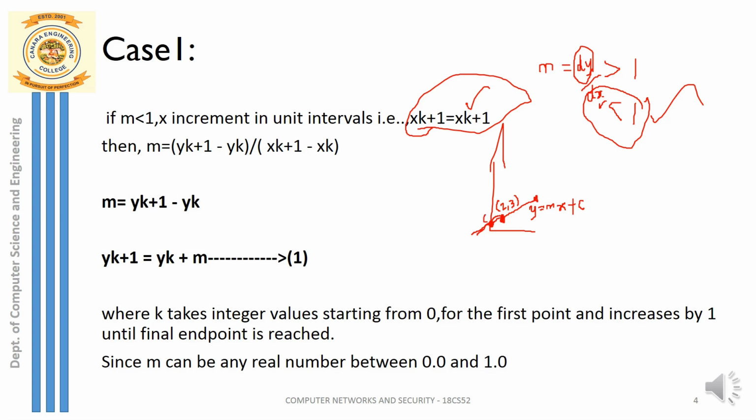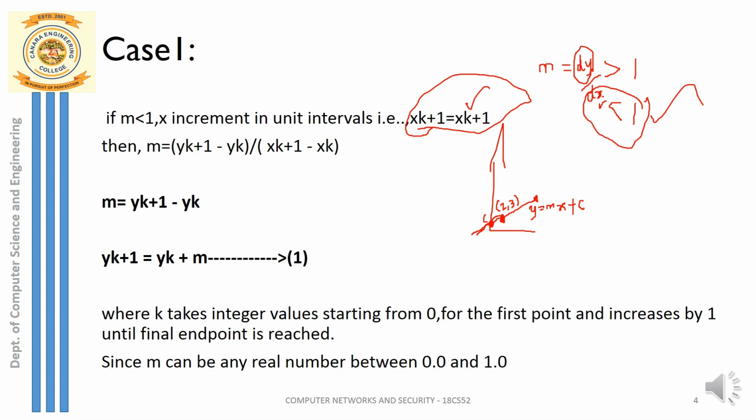So y is equal to mx plus c. Now I have to generate this line segment starting from the point 2, 3. I have to generate n number of points till the end point in order to generate this line segment. So how do I calculate all these points after 2, 3? How do I plot these subsequent points? That is by using this equation.